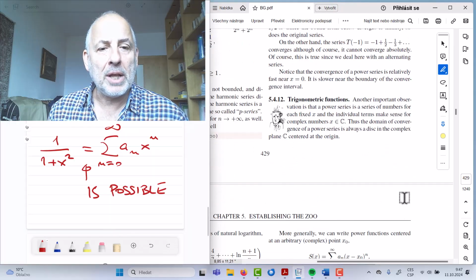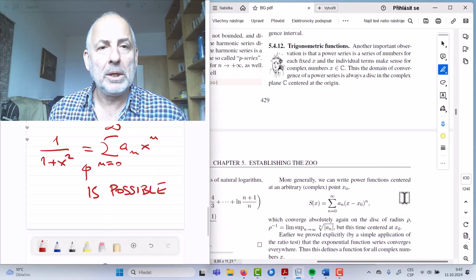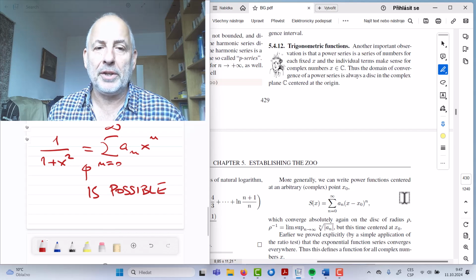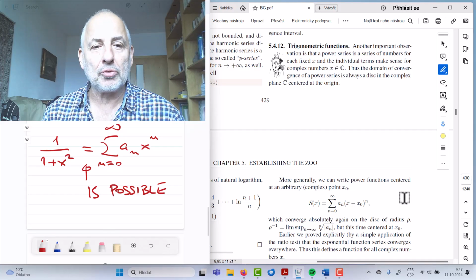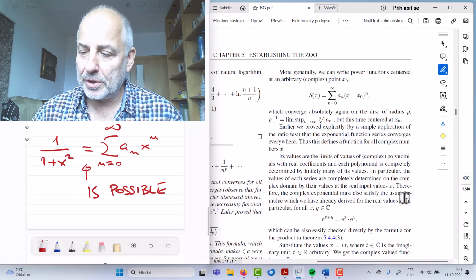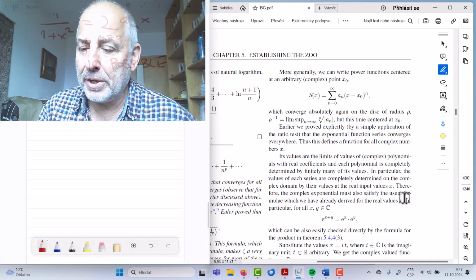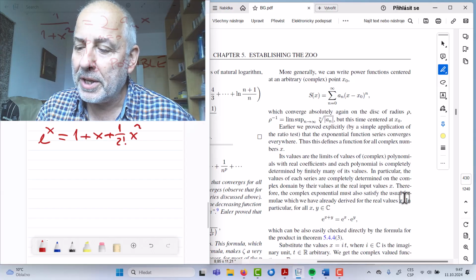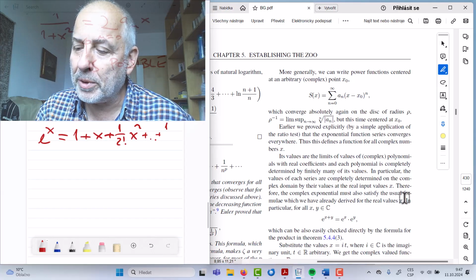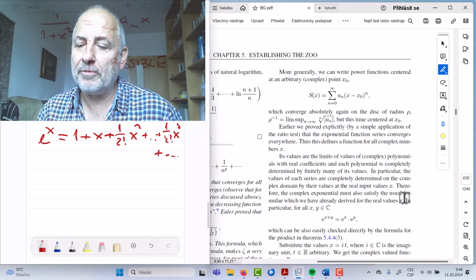And now let's have a look at what we can deduce from our understanding of e to x, right? So just remember that e to x is 1 plus x plus 1 over 2 factorial x squared plus, and here would be 1 over k factorial x to k, plus up to infinity, right?